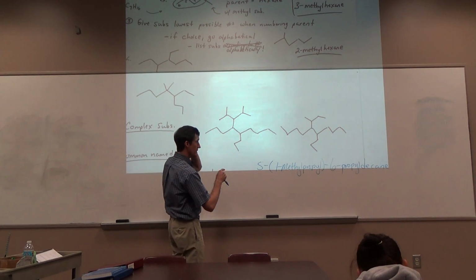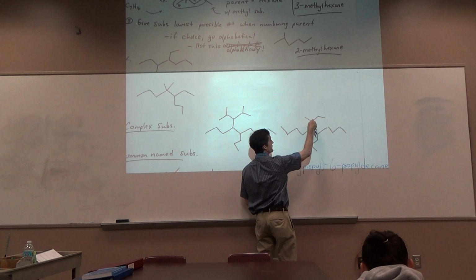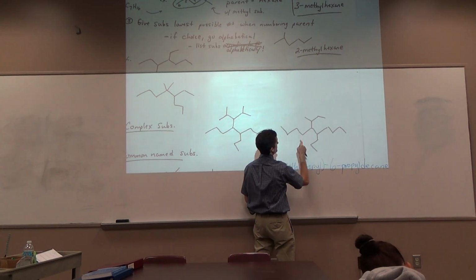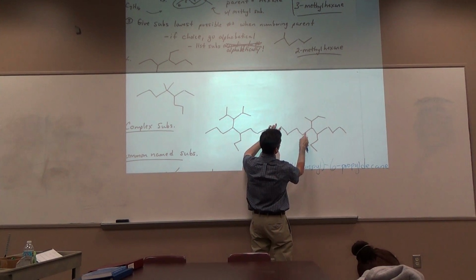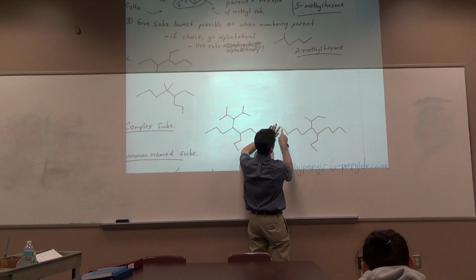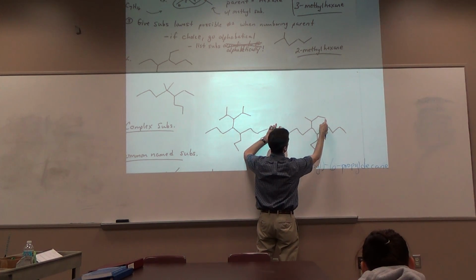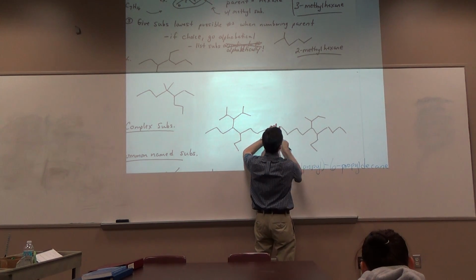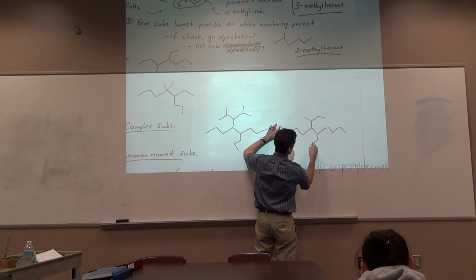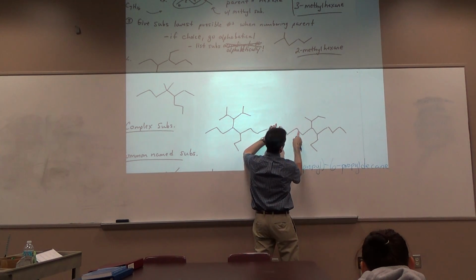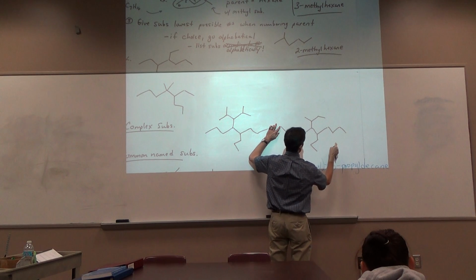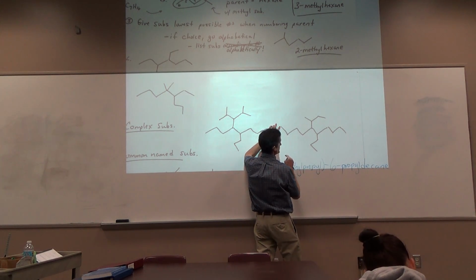So let's look at it. Let's see if this is right. Longest continuous chain: 1, 2, 3, 4. Not that one. Let's start over here. 1, 2, 3, 4, 5, 6, 7, 8. 1, 2, 3, 4, 5, 6. 1, 2, 3, 4, 5, 6, 7, 8, 9, 10. So there's the 10. Is there another way to get 10?